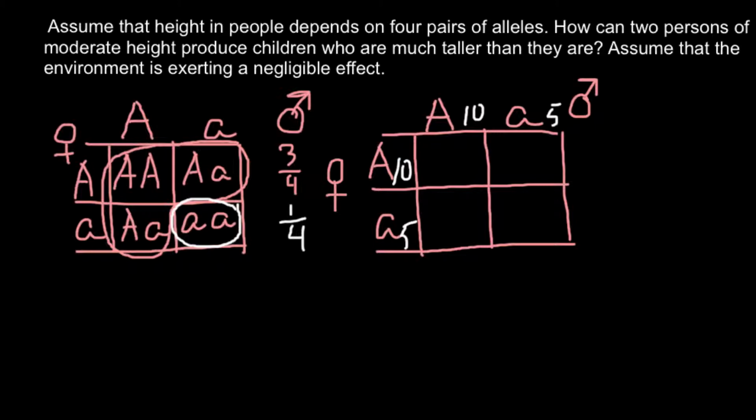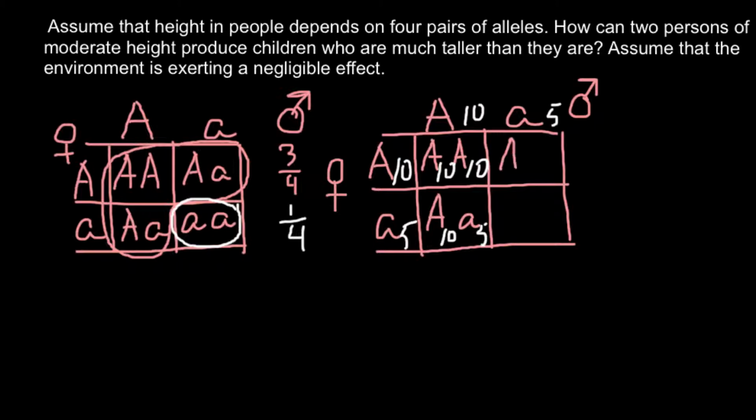So here we would have genotype capital A capital A, and 10 centimeters plus 10 centimeters. Here we would have genotype capital A small a, and 10 centimeters plus 5 centimeters.